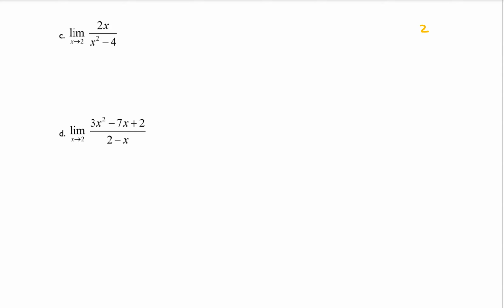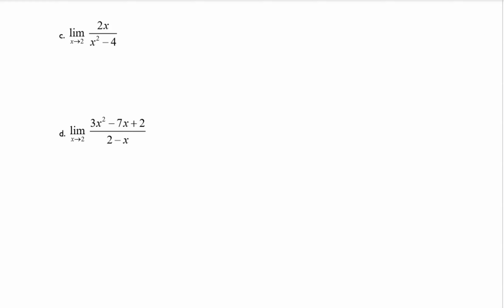Notice that if I plug in, that was supposed to be a 2. If I do 2 times 2 over 2 squared minus 4, that ends up being 4 over 4 minus 4, which is 0. So we have to think about a different strategy. We can't just plug in x equals 2 in this example.